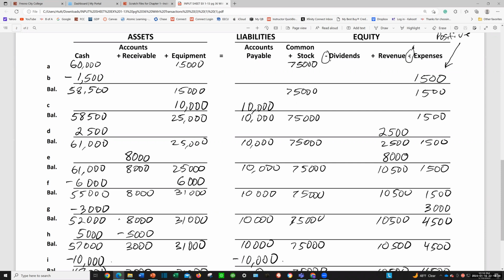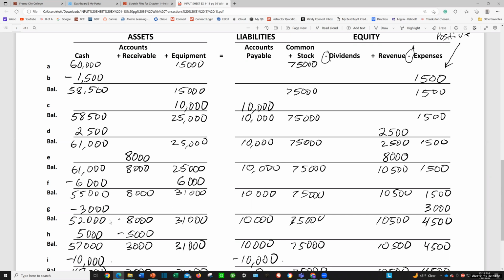Why? Remember, this is a minus sign up here. So when you put positive 3,000 here, it really is a minus 3,000. So a minus 3,000 in assets, a minus 3,000 in equity. We're good. We're in balance.